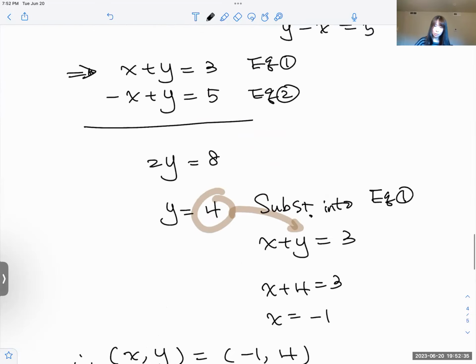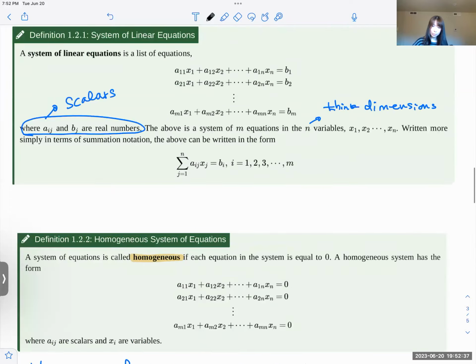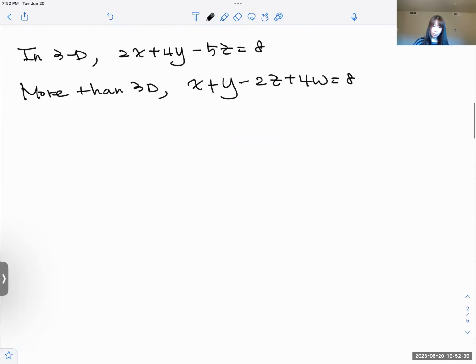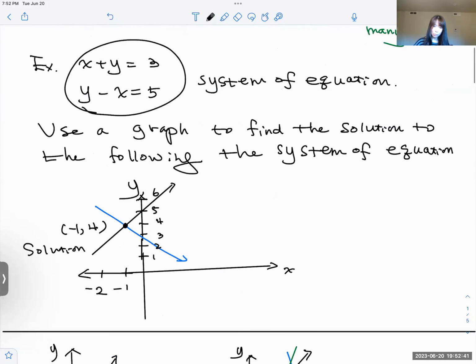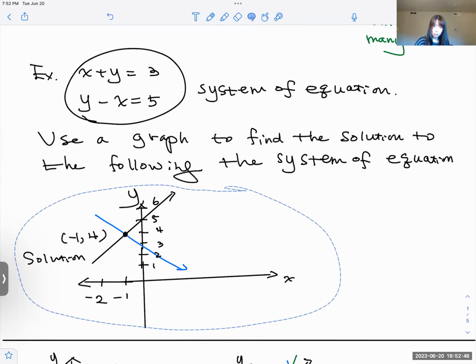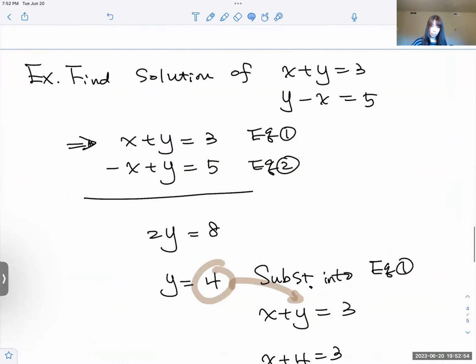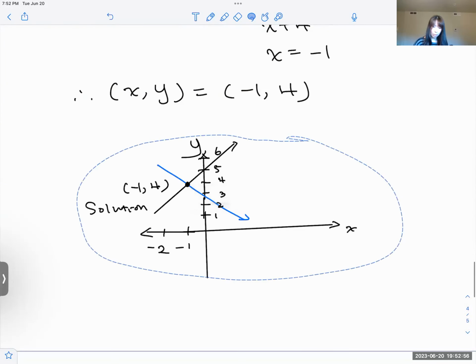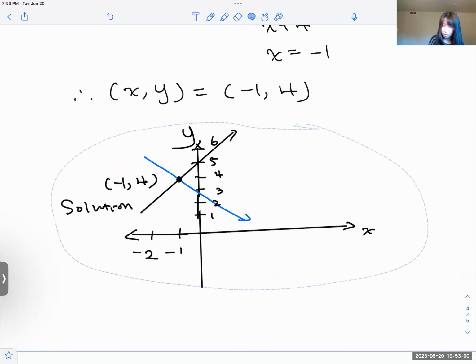Okay, so let us do this one. Same as that. Ta-da-da.